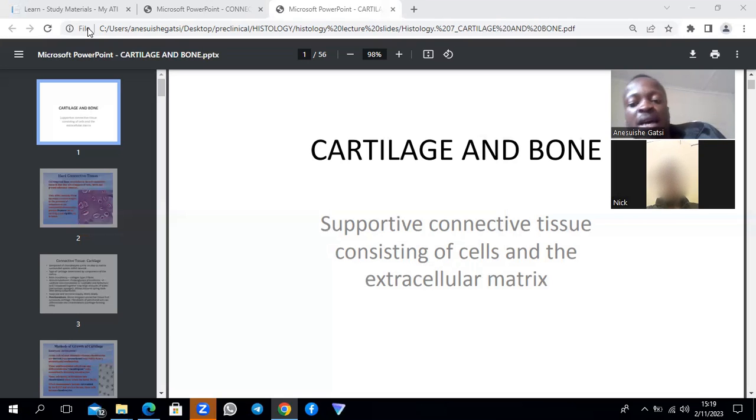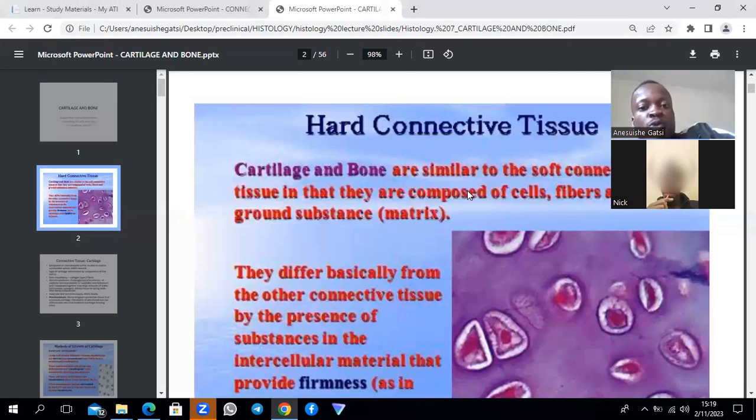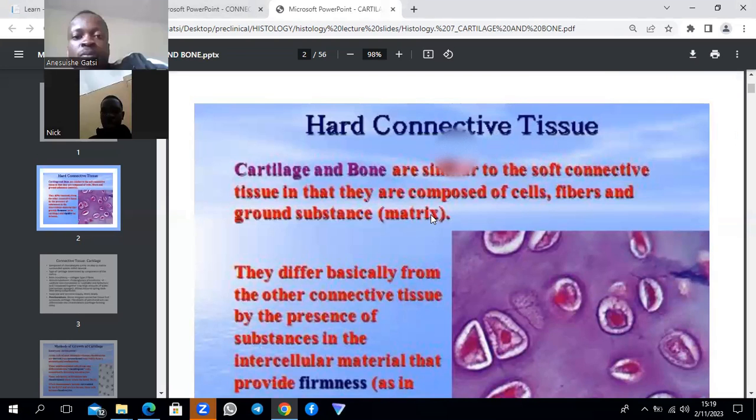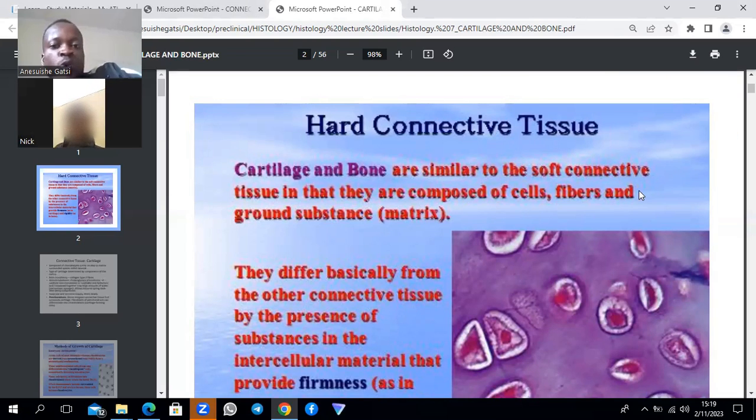Right. So structural connective tissue is where we have cartilage and bone. So it's easy to describe them side by side. Right. So we have characteristics that we ascribe to these things. You'd find that your cartilage and bone are similar to the soft connective tissues, where you have cells, fibers, and the ground substance.